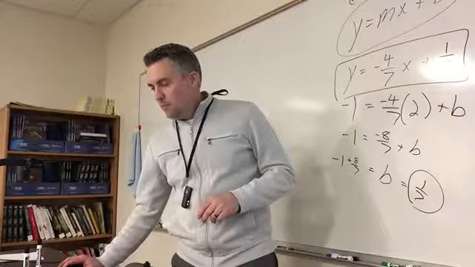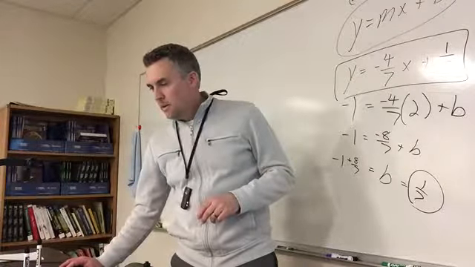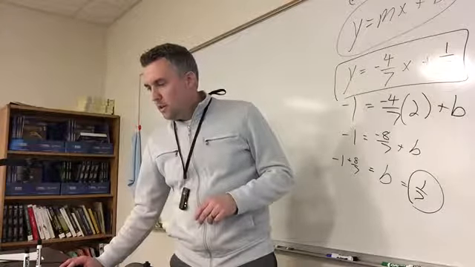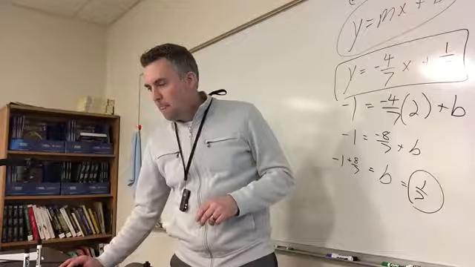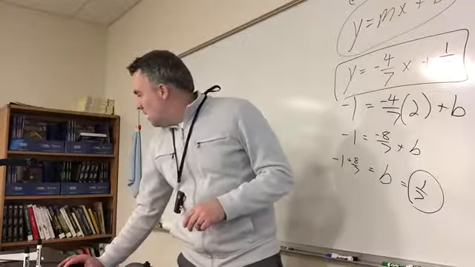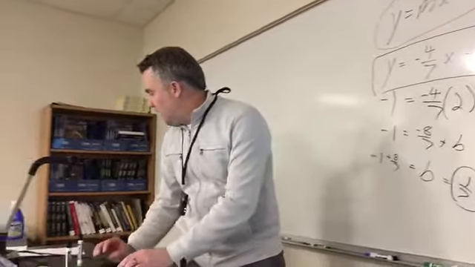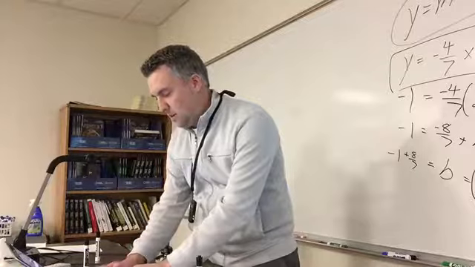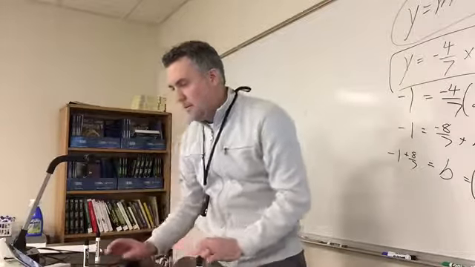So if I go to my computer and start with a clean screen, they gave me the line 5x equals 7 plus y, so I'll type that in. 5x equals 7 plus y.